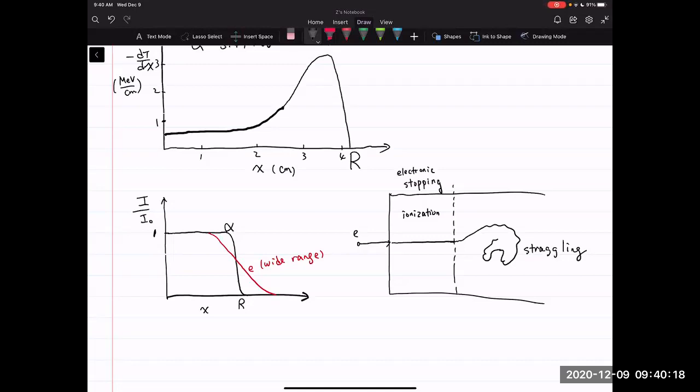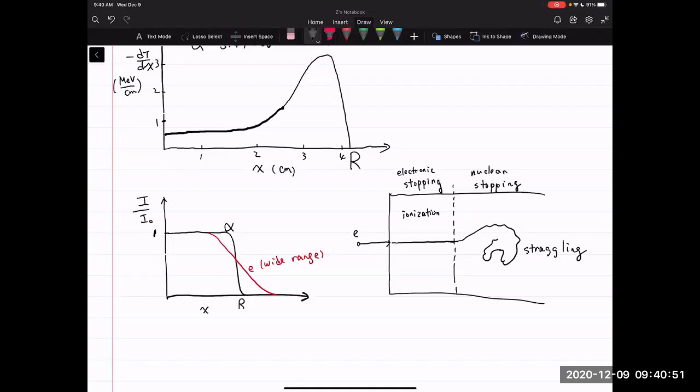And then when the energy of the electron becomes very, very small, and it becomes influenced by the nucleus, then we call this process nuclear stopping. And for heavy charged particles, we don't really have much nuclear stopping. So the process is dominated by the electronic stopping and there is no straggling process.